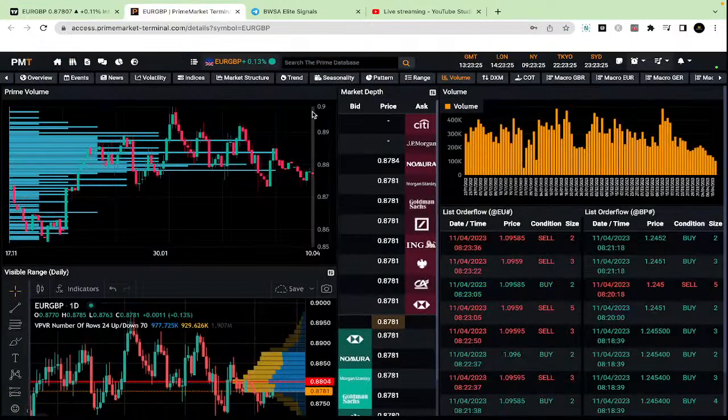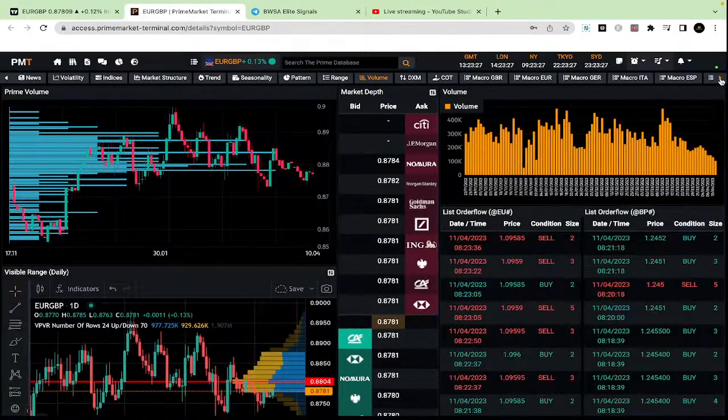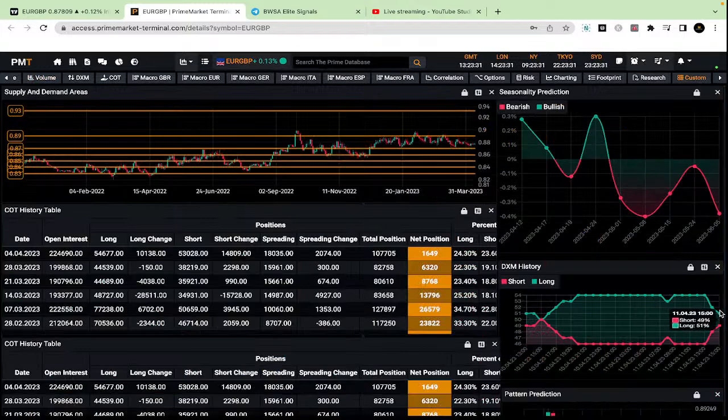I'd love to see more retailers selling or buying this pair, at least adding to the positions. So we'll keep an eye on that and go from there. I am not going to call that in the group yet. I would like to see 52, 53, 54% continuous retailers buying this pair and go from there.